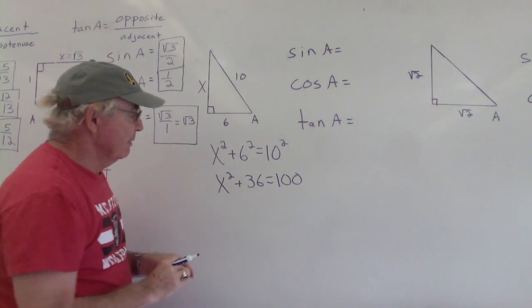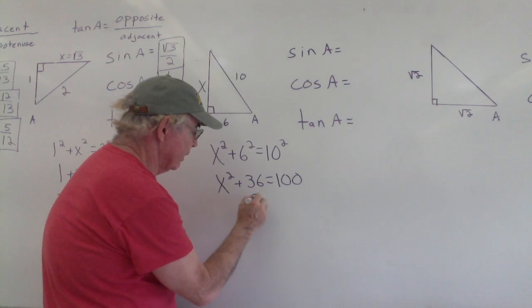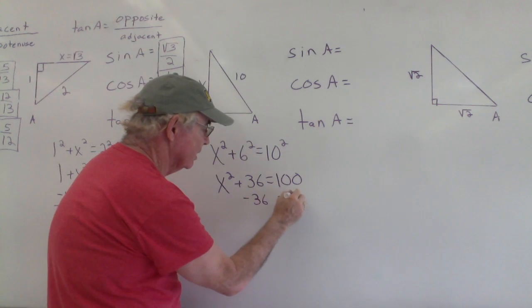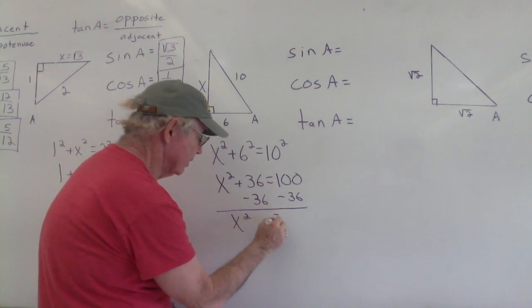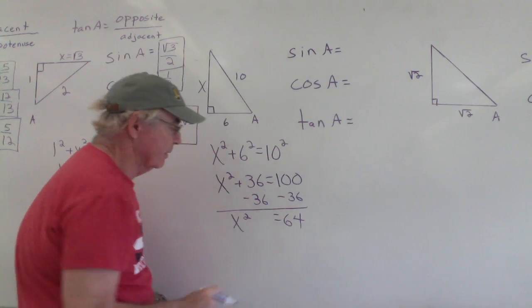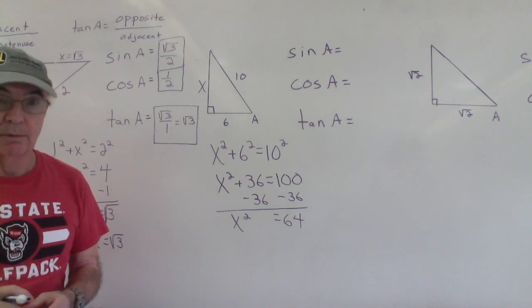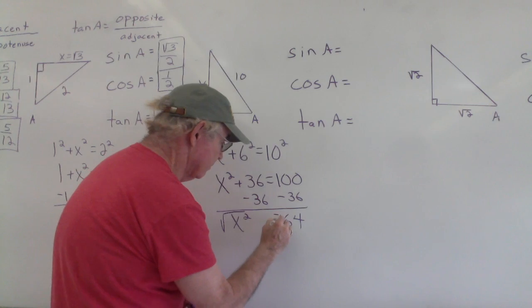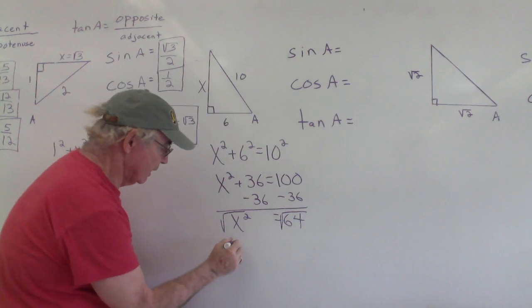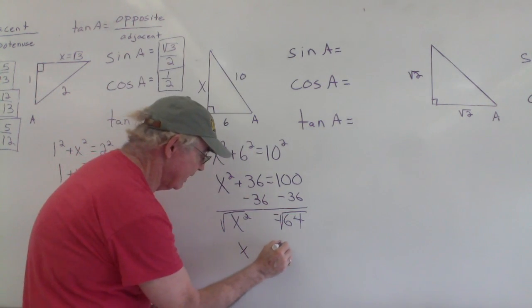Okay, subtracting 36 from both sides. 64. And then taking the square root of both sides, we would get x to equal 8.